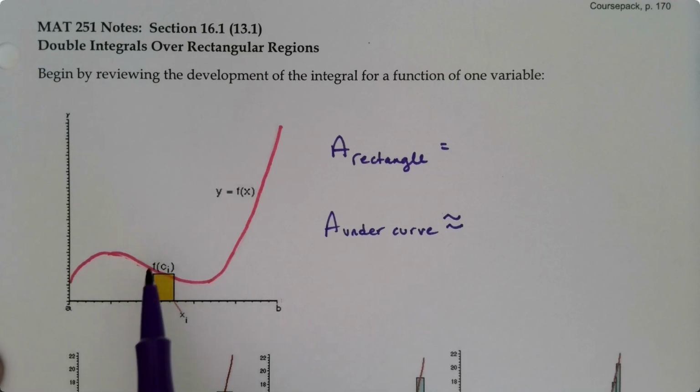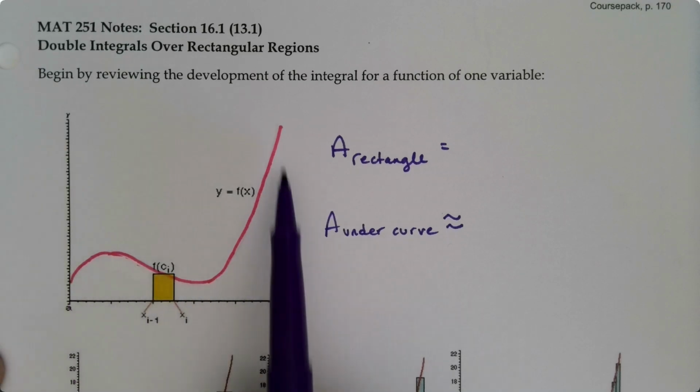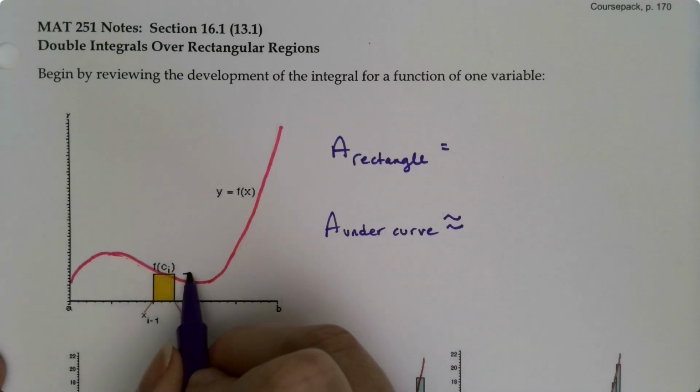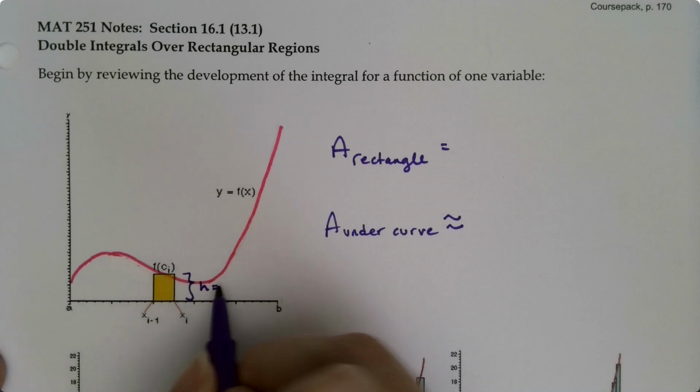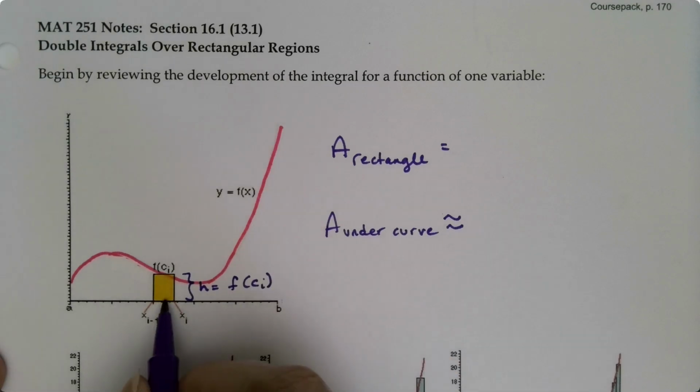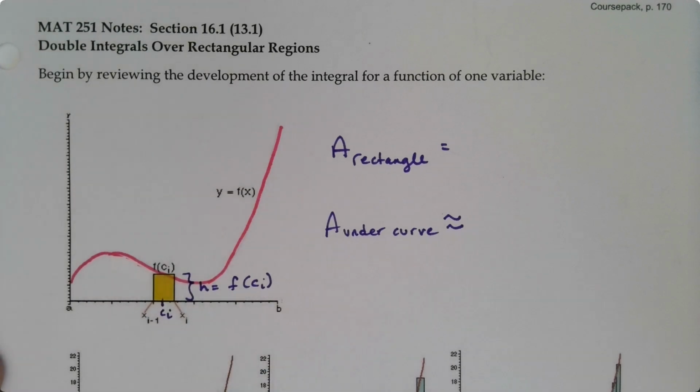If you remember from Calc 1, you would have a curve, and then you would have a rectangle that has some function value for that curve. So for example, you have the height right here of that rectangle, which is equal to the function value at c_i, where c_i is the value in the middle, if you will, between your x values.